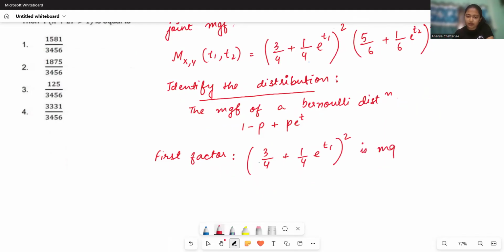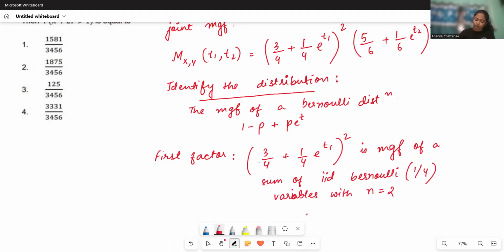which is the MGF of a sum of Bernoulli 1/4 variables with n equal to 2.